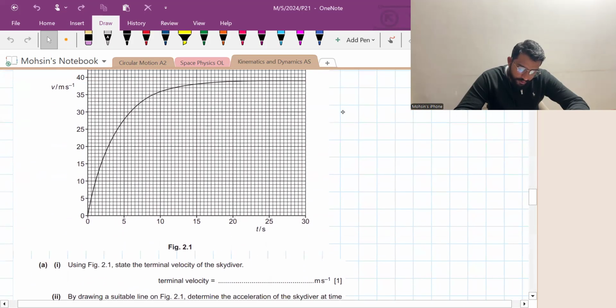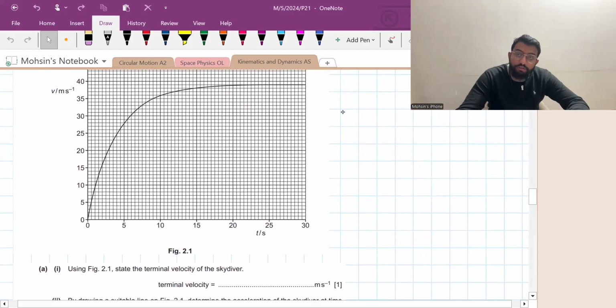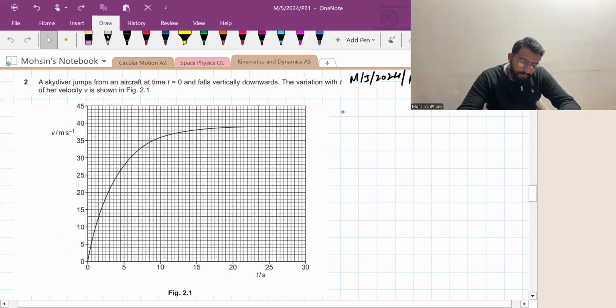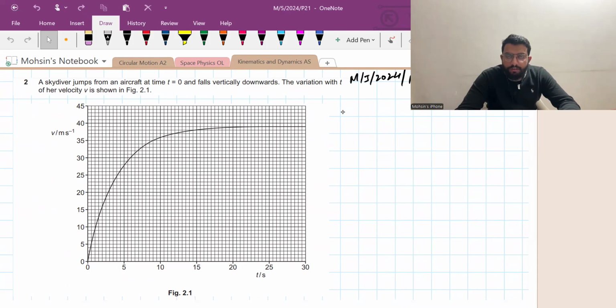Using figure 2.1, state the terminal velocity of the skydiver. It's a velocity time graph, and terminal velocity is the constant velocity when the downward weight and upward air resistance balance each other. The skydiver falls with a constant velocity.